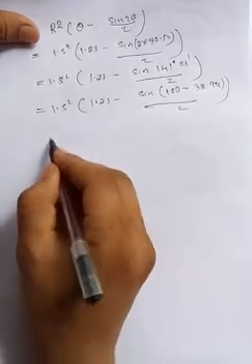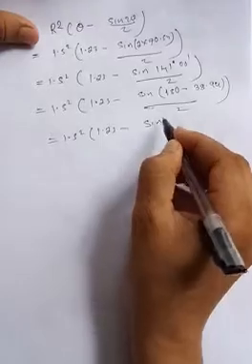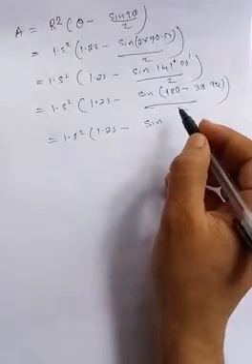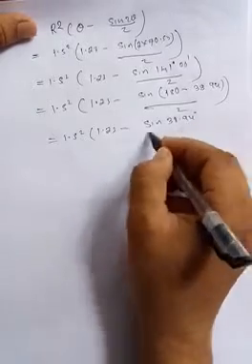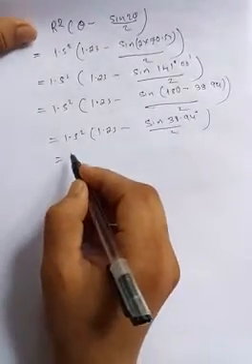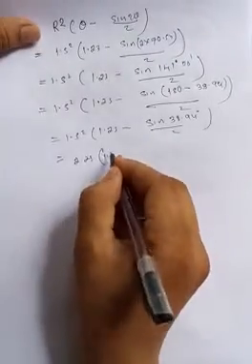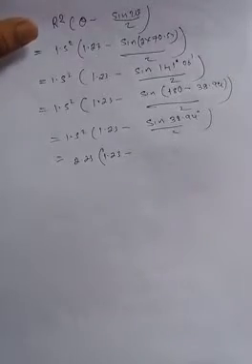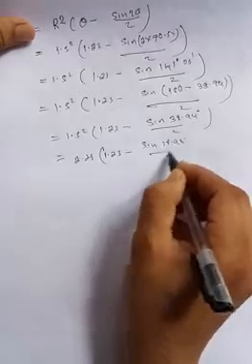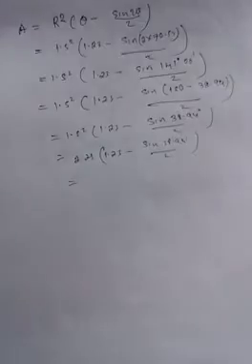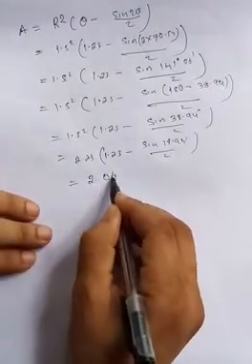Next, 1.5 square into 1.23 minus sin 180 minus theta. Sin 180 minus theta itself will be sin theta. So it will become sin 38.94 degree divided by 2. So here next it will be 2.25 into 1.23 minus sin 38.94 degree, divided by 2. Just check it in the calculator. The value of area will become 2.06 meter square.